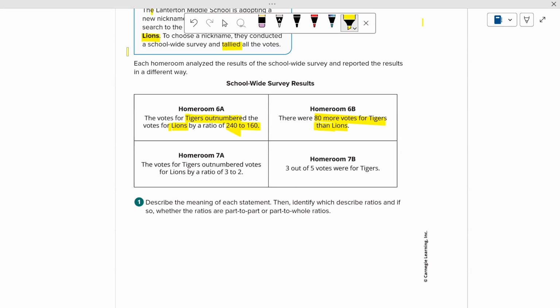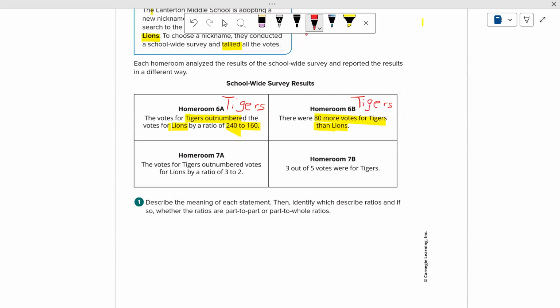This is important to know. So I'm going to say that the Tigers got more votes, right? Because it says the Tigers outnumbered the votes for Lions, and here it says there were 80 more votes for Tigers than Lions. So I'm going to assume that the Tigers are the ones that won here.